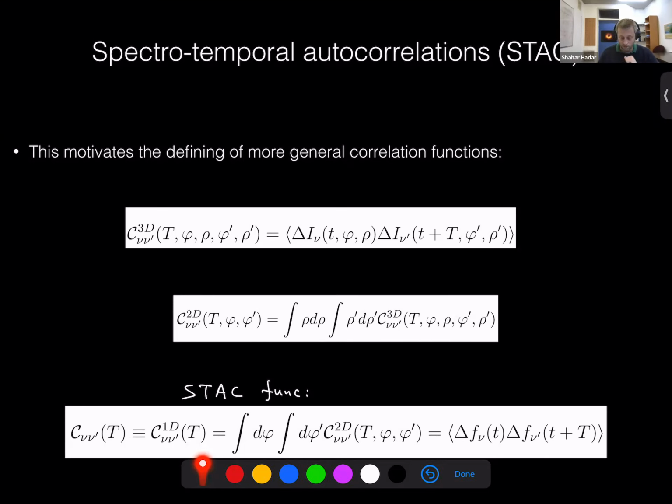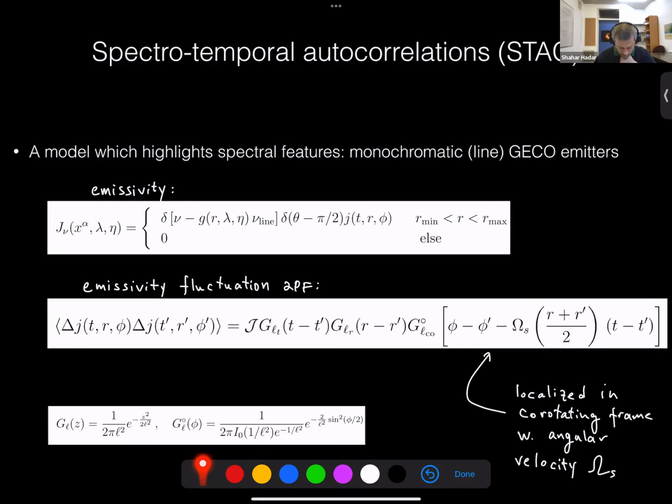On the other hand, you can integrate also over these angles and get a correlation function which has no image dependence. So it's good for unresolved sources, but it depends only on the two frequencies and the time delay. This is what we call the spectro-temporal autocorrelation. They're basically the two-point correlations of the specific flux at two different frequencies and two different times. All right, so this is the idea.